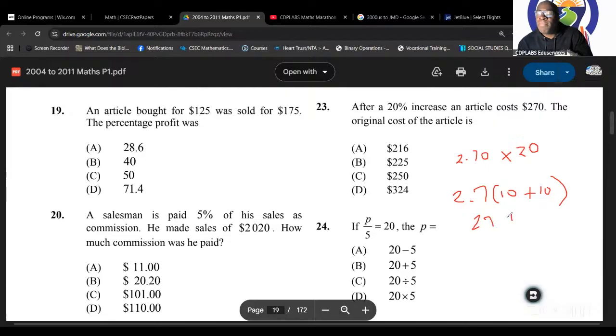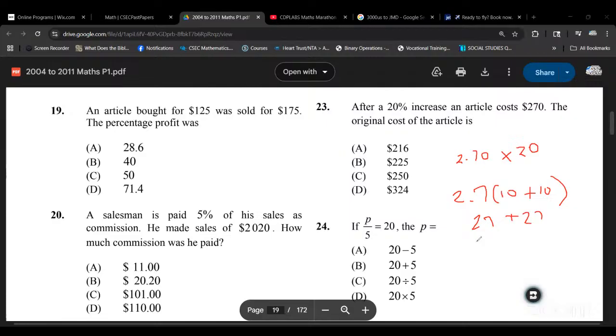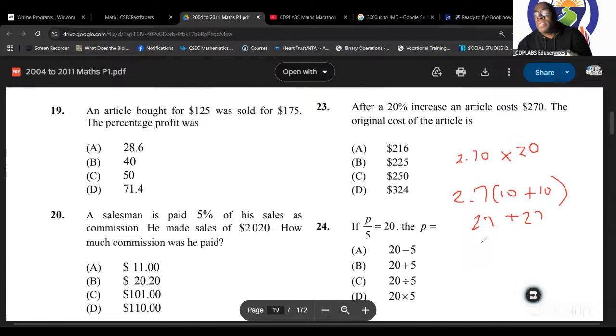So 27 plus 27 will give us our answer, which you mentioned was what? 54, right? Was I correct? 27 plus 27, 20 plus 20 is 40 plus 14, 54. So that's 54, right?